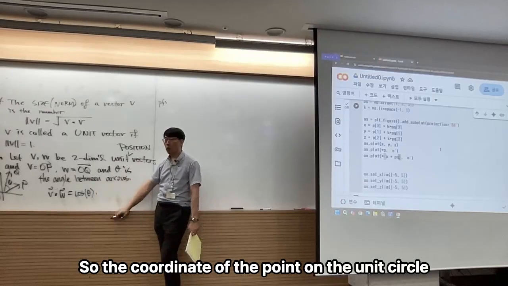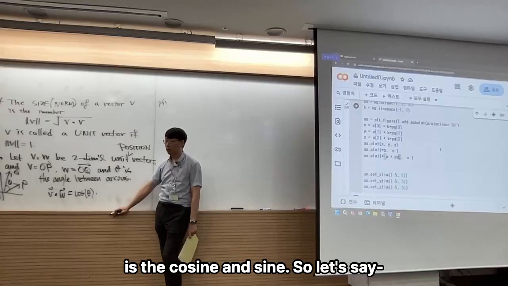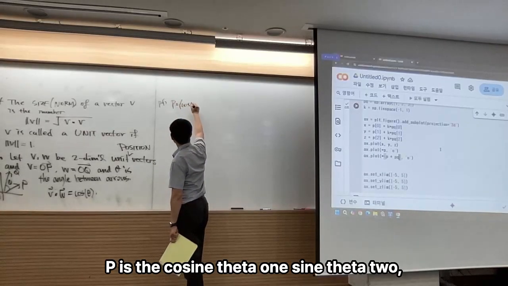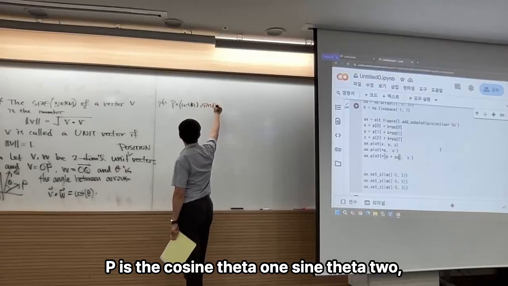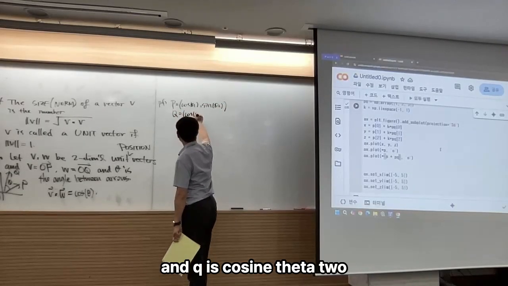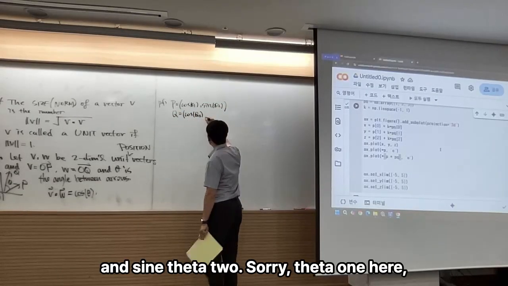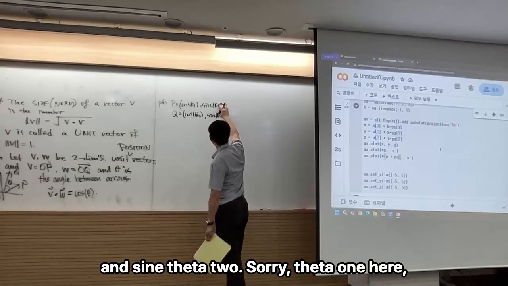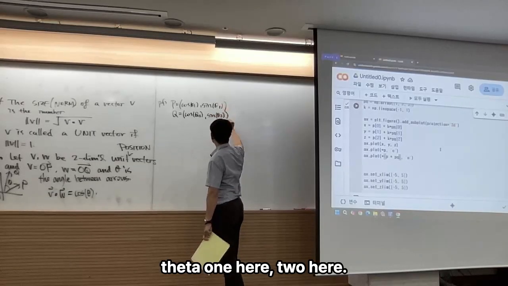The coordinates of a point on the unit circle are cosine and sine. So let's say P is cosine theta 1, sine theta 1, and Q is cosine theta 2 and sine theta 2.